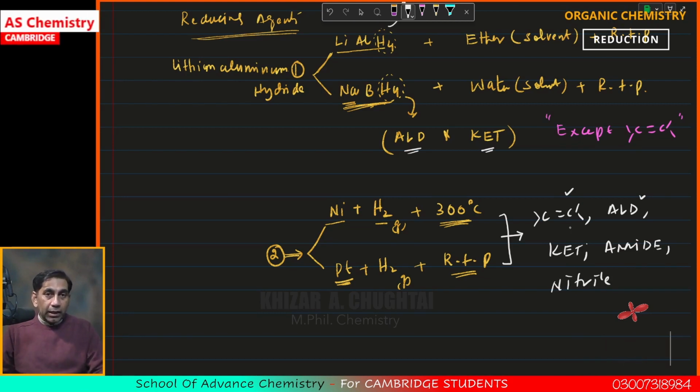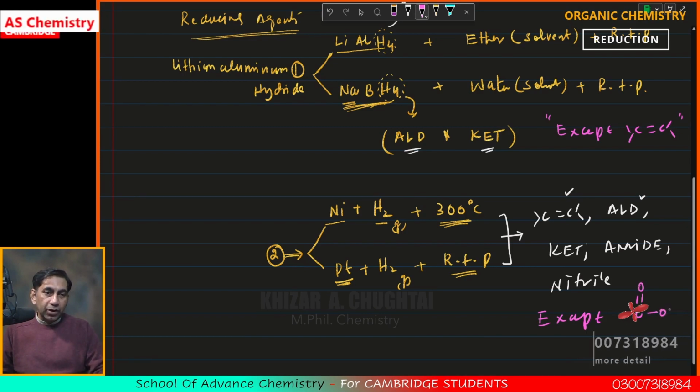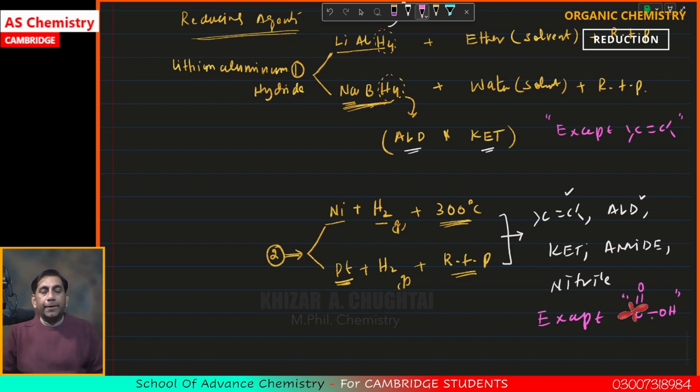So, they can reduce carbon-carbon double bond, aldehydes, ketones, amides, nitriles, but there is one exception: they cannot reduce this functional group. What is the name of this functional group?